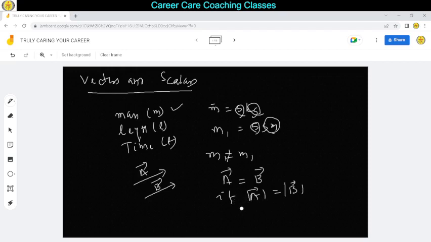So two vectors are said to be equal if their magnitude and direction are the same.